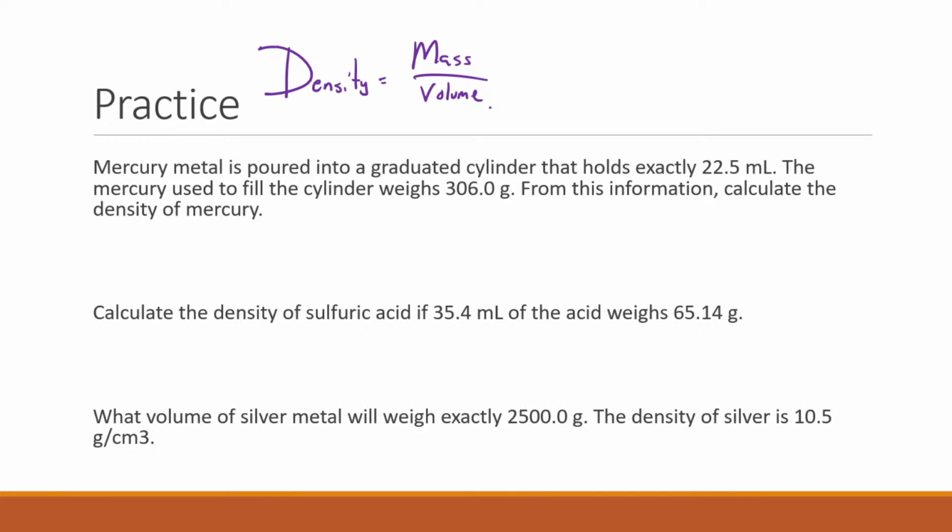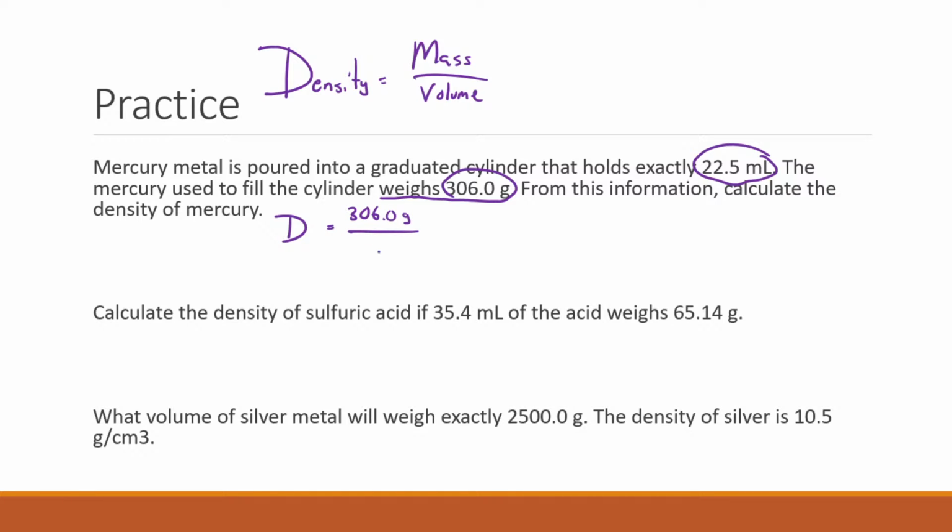All right, let's take a look. Our first question here gives us a volume, gives us a mass, and asks us to find the density. So we're rinsing and repeating what we've done before. We have our mass of 306.